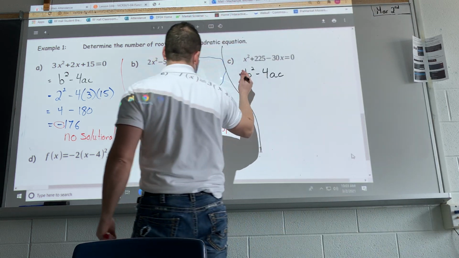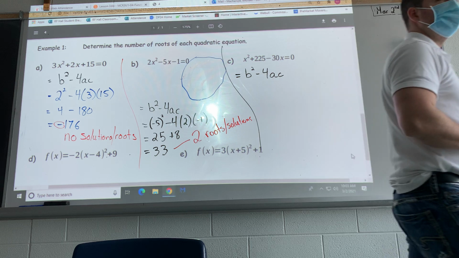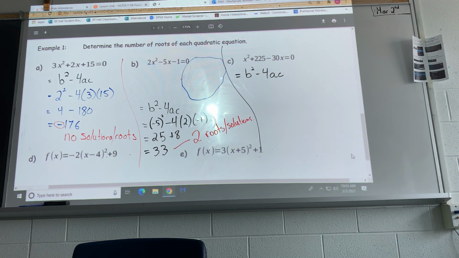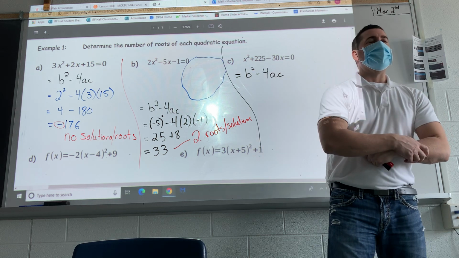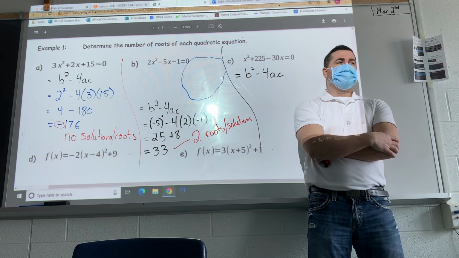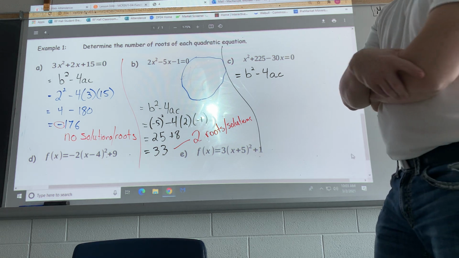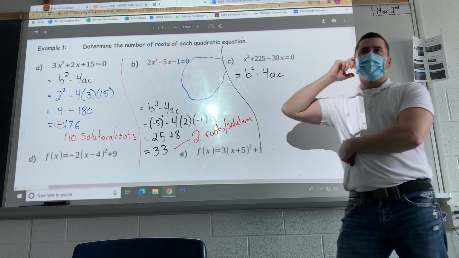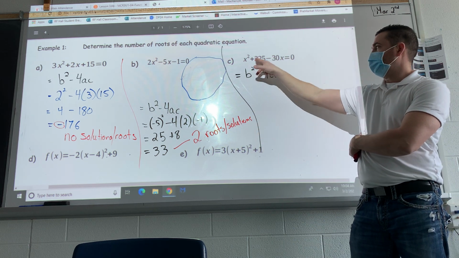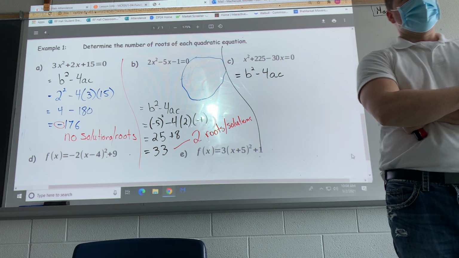Be careful with this one. Why? They're not in the correct order. Often the textbook will put them out of order, so make sure that you are plugging in the appropriate number into the correct letter, variable.